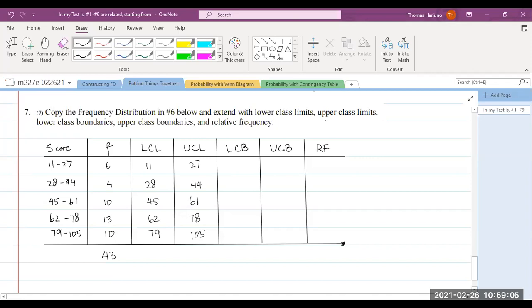So I get this is 27.5, the same to this. This is 44.5, the same to this. 61.5, the same to this. 78.5, the same to this.